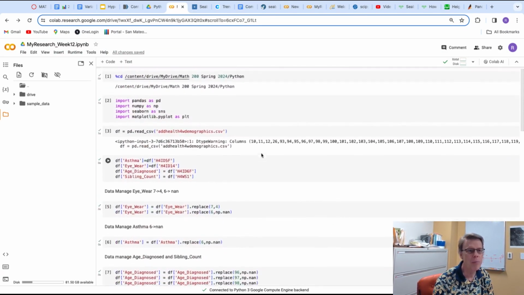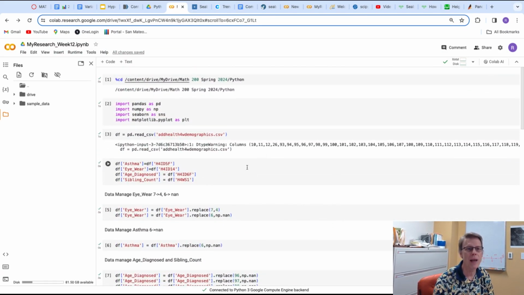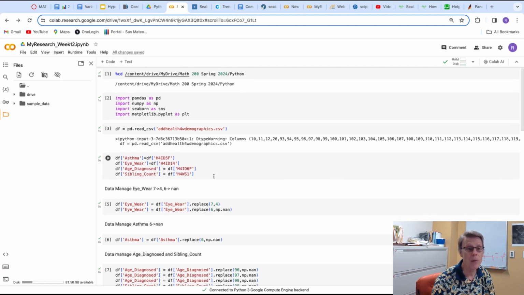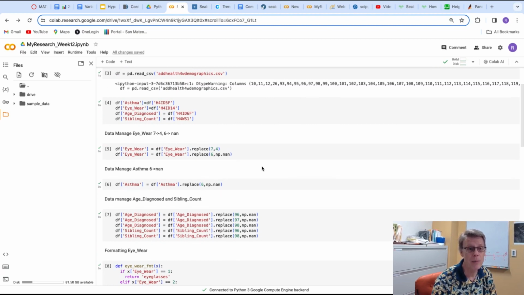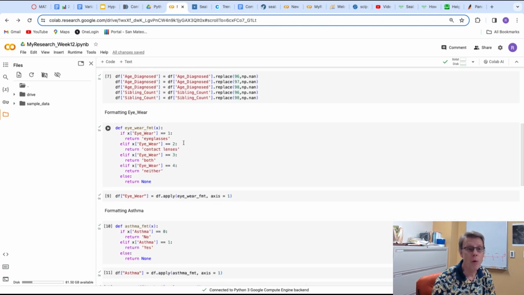And I've brought my Python file down to bare bones. I hardly have anything going on. I have all four variables because I'm going to use the same thing for both this week with the categorical variables and next week with the quantitative. So I've loaded all four of my variables to the file, and I've done the data management for all four of my variables and the formatting for my categorical.